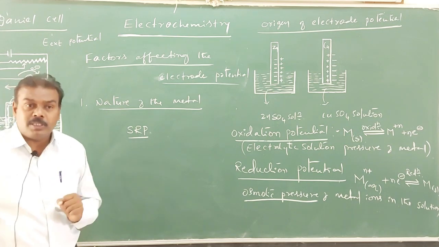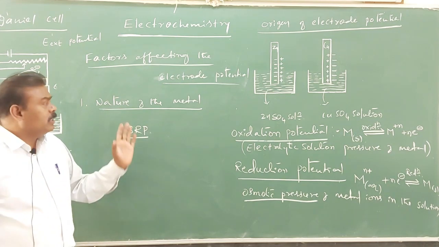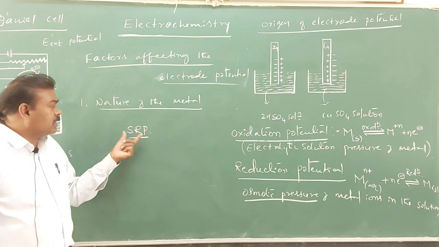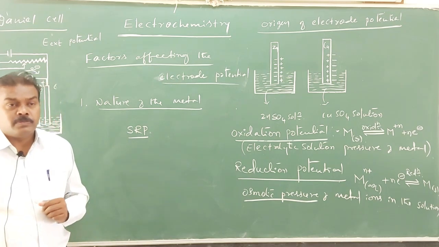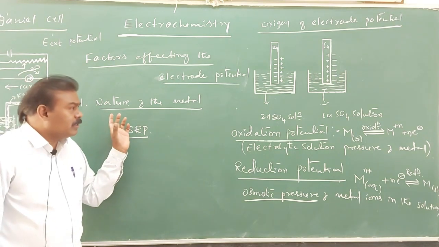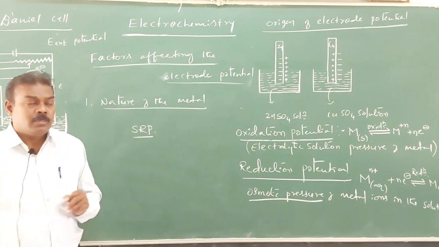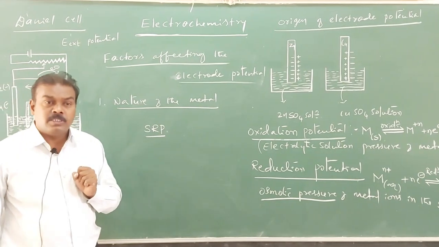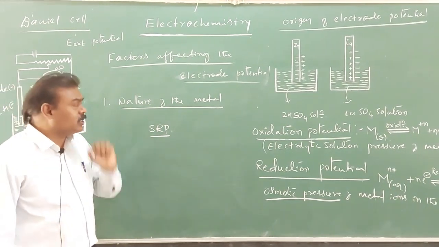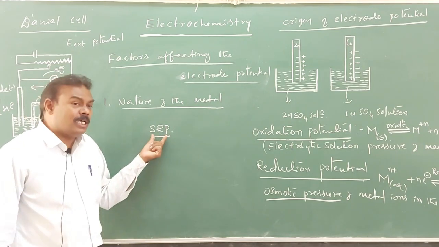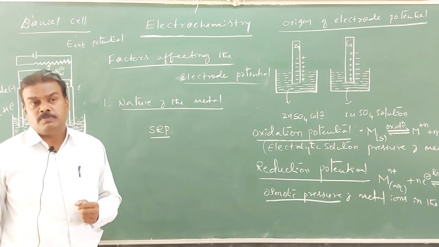If the metals are highly electropositive, their SRP value will be negative. Usually sodium, magnesium, aluminum, zinc, and iron have negative values of their standard reduction potentials.